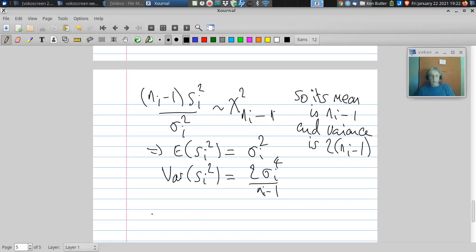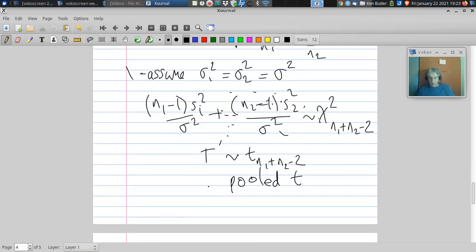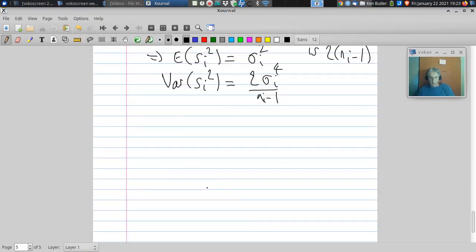So now what we can do is go back to this denominator, go back to this thing and try and work out its mean and variance. So let's work out the mean of s1 squared over n1 plus s2 squared over n2.